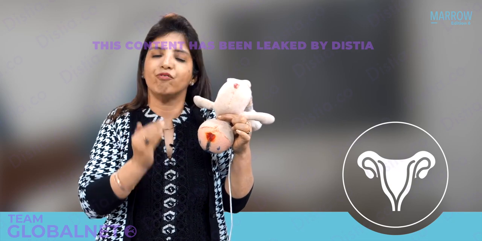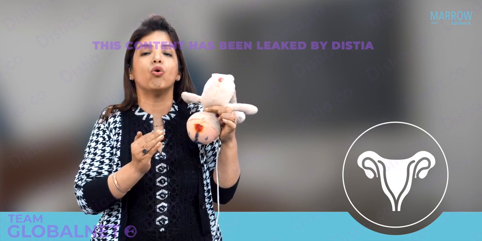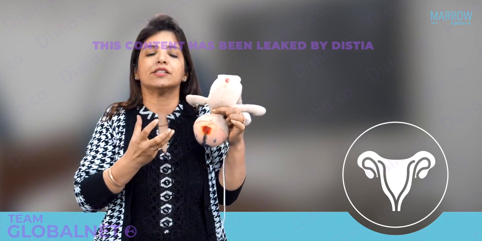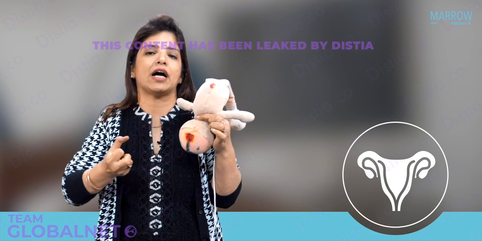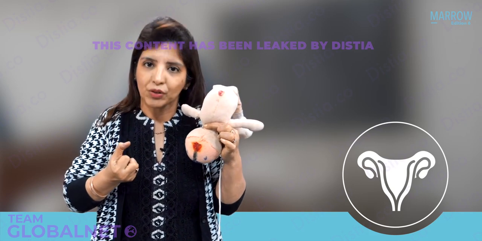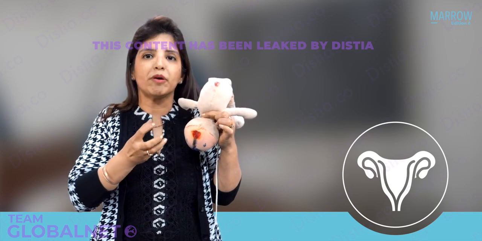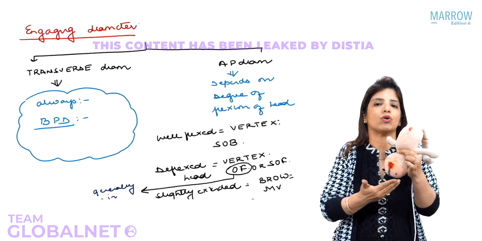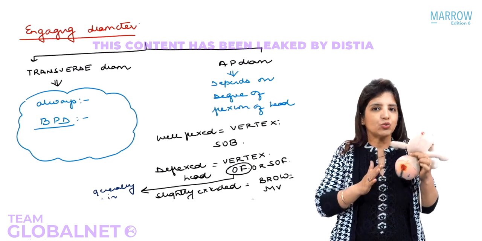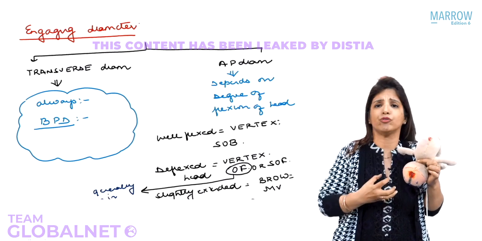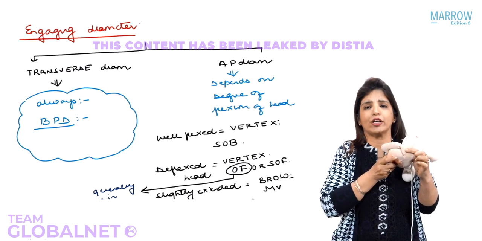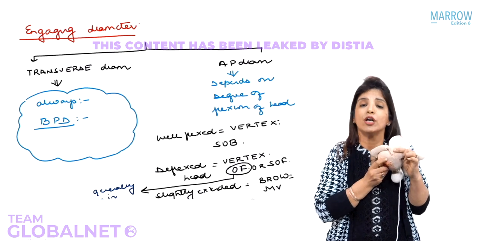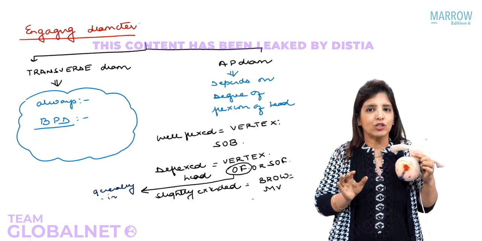And that is why a well-flexed head is the most common thing to happen, because when the head is well flexed, it is the smallest diameter which will be getting engaged, right? As the head of the baby gets deflexed, the larger diameters come into play. That is why even when we are delivering the head of the fetus, we try to maintain the flexion so that the smallest suboccipitobregmatic diameter comes out first, right? Is that clear to all of you?